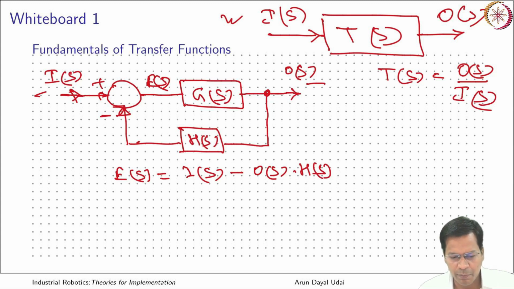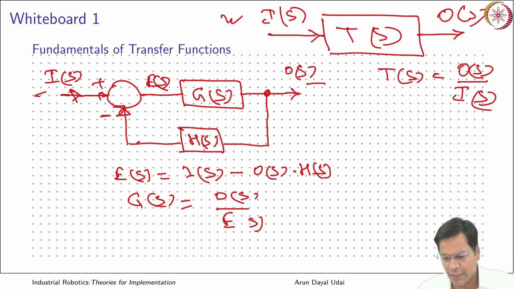And G(S) may be written as O(S) by E(S). So substituting this E(S) and rearranging will give me a direct transfer function that relates the output to input, the equivalent transfer function of this.